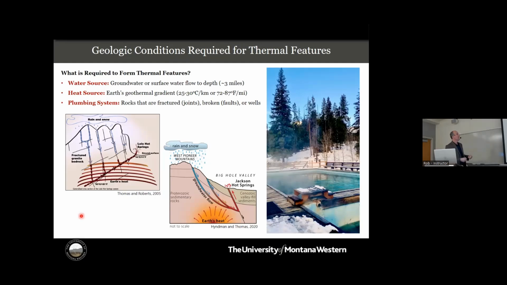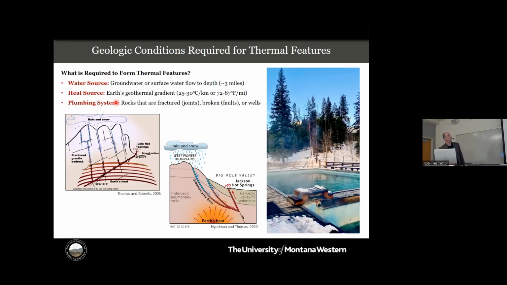Typically, groundwater is not much below 5 miles depth. Why? Because there's so much pressure on rock at that depth that the pore spaces that would hold groundwater are collapsed. Make sense? So you lose your porosity and permeability with depth. So you get below 5 miles, depending on the rock type and the environment, you start losing your ability to store water in the subsurface.